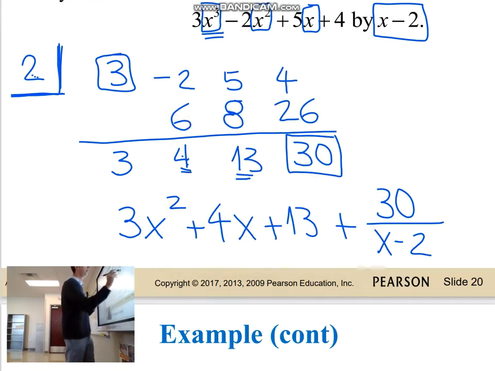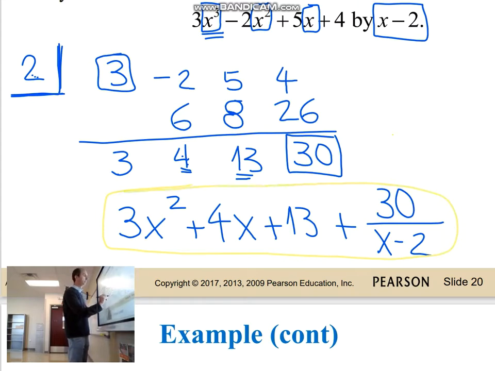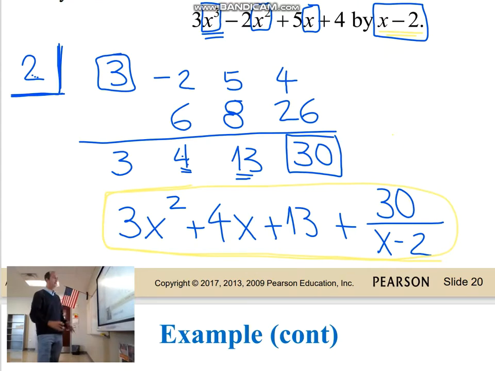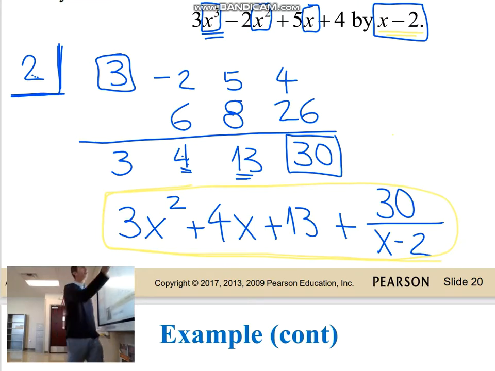This is the result if you apply synthetic division to divide the polynomial 3x cubed minus 2x squared plus 5x plus 4 by x minus 2. See, it's fast, it's not difficult, you just need to know the step by step. But remember, it's only applied if you have this kind of divisor, x minus c, where c is a real number. Okay?